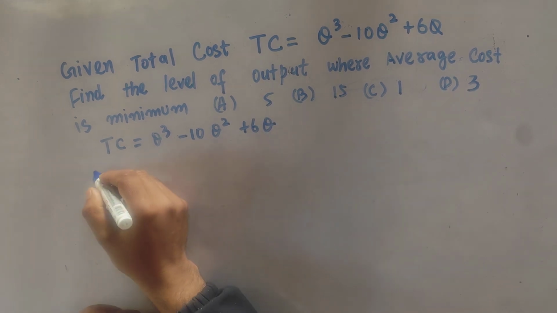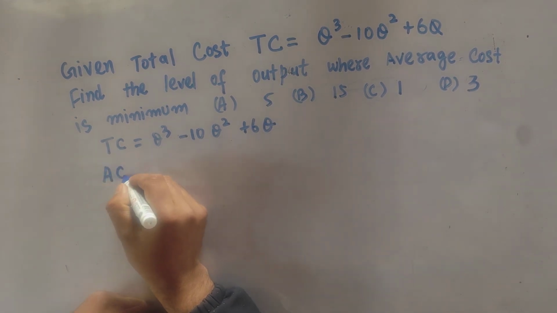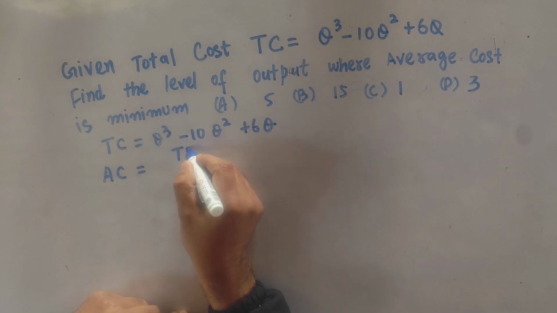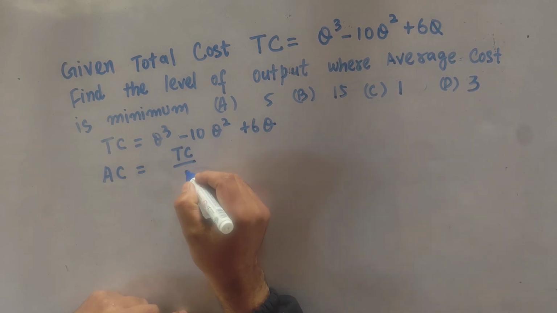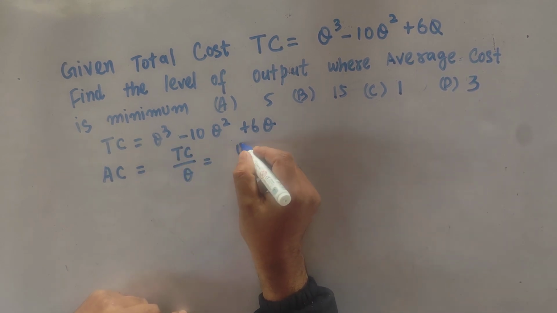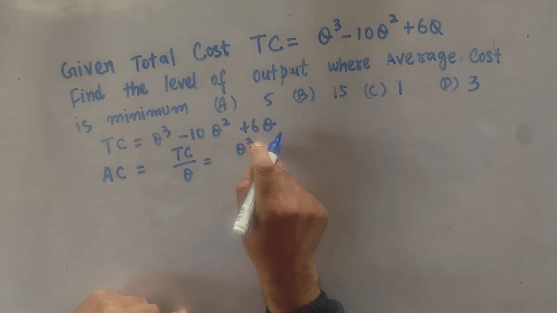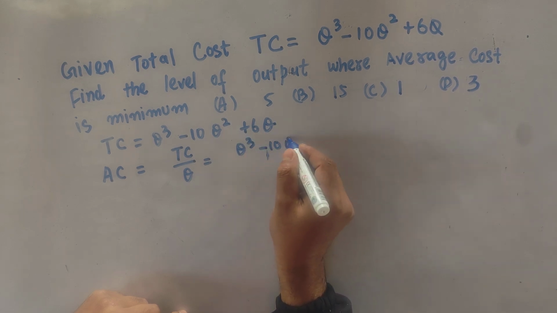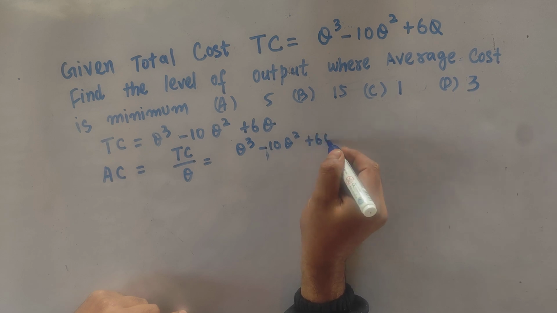Now, first we need to find out what the average cost is. Average cost is the total cost upon the output level. That is, total cost is Q cube minus 10Q square plus 6Q.